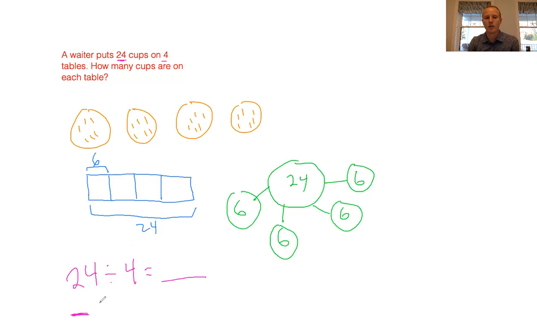So we turn that around into some number times 4 equals 24. And because we just had these picture models to help us, we solved that 24 divided by 4 was 6. And because we found out that missing quotient, we then can fill in our missing factor here. It's also 6. And that's how those two things are connected, those division and multiplication sentences.